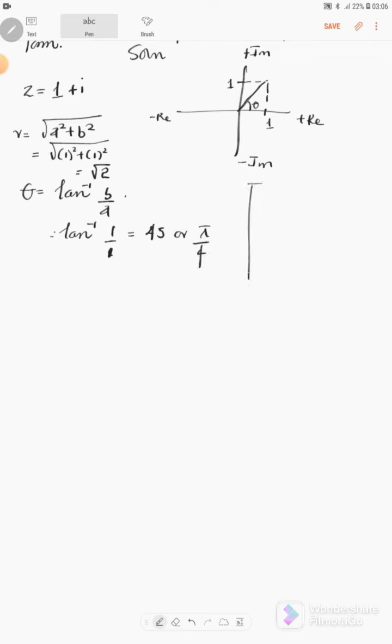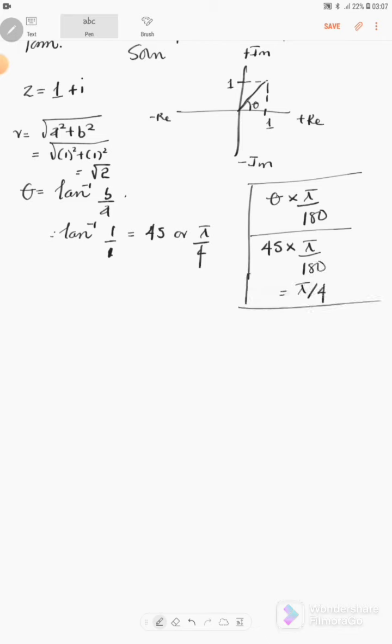Converting theta from degrees to radians is theta times pi over 180. Converting 45 gives us 45 times pi over 180, which is pi over 4. Just try to get this set.